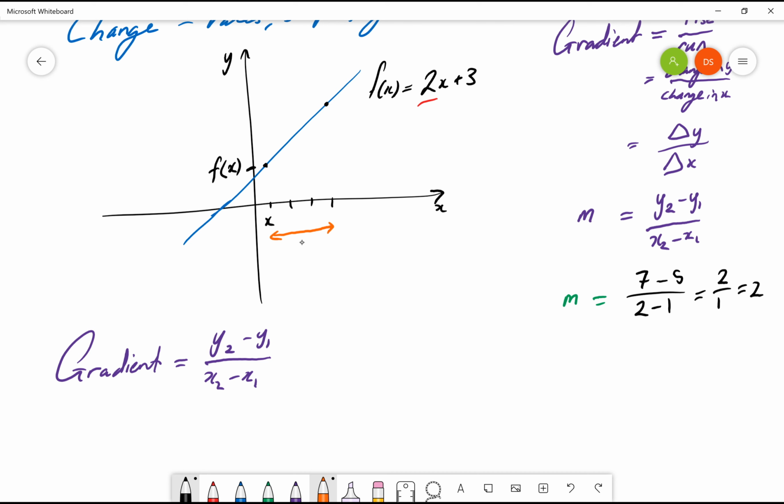Let's add h. So what's this point here? This point is x plus h, isn't it? And so then, in turn, what is the value here? If this is f of x, what is this one here? Sound off in the comments.